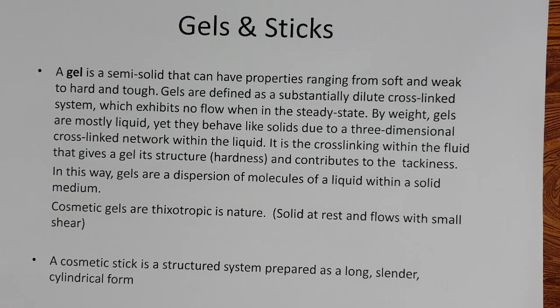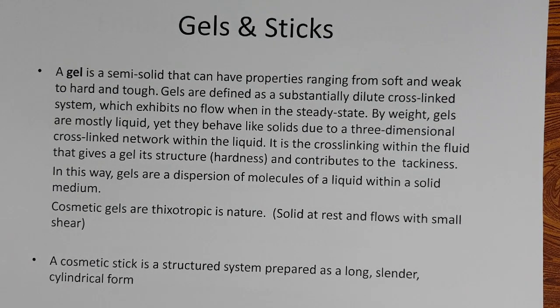So a gel is a semi-solid that can have properties ranging from soft and weak to hard and tough. We are concerned about soft and weak structured gels. Gels are defined as substantially dilute cross-linked systems.